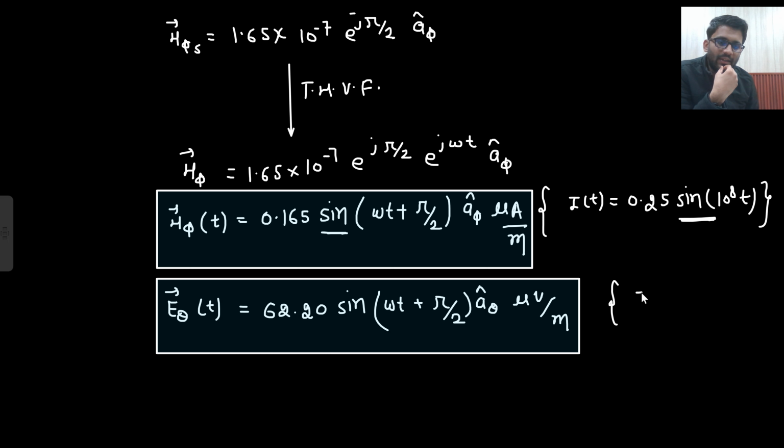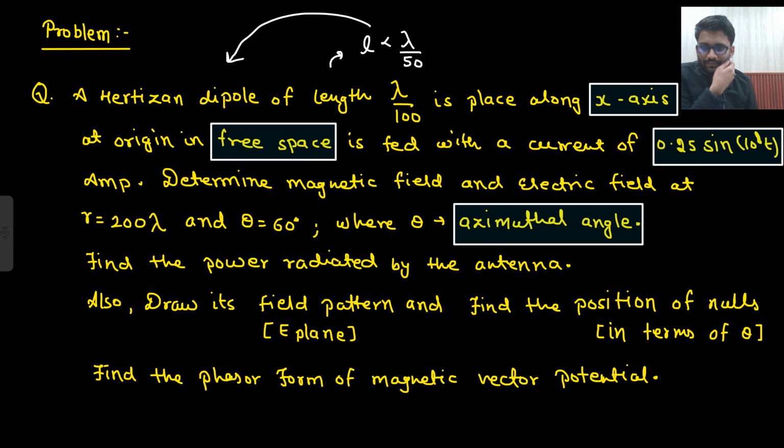What we have done here is E naught equals eta H naught. So this we have found out. What else are they asking us to find out?